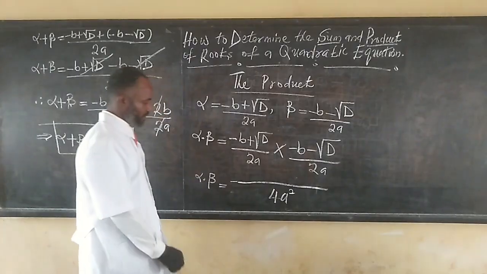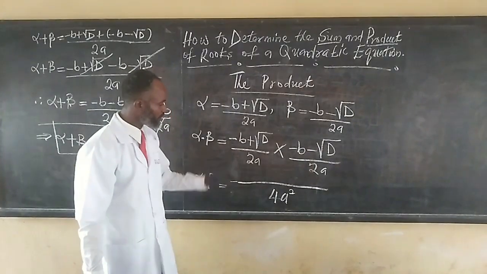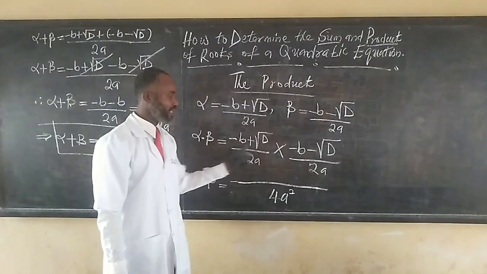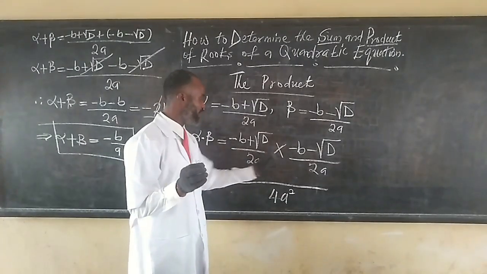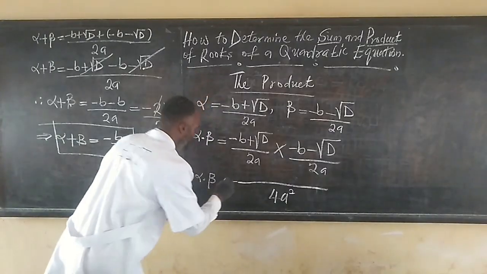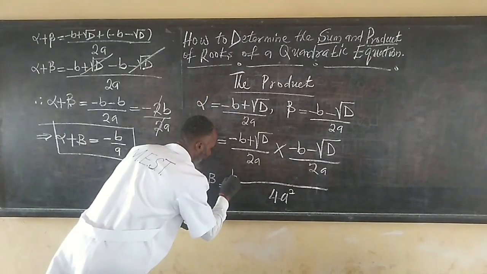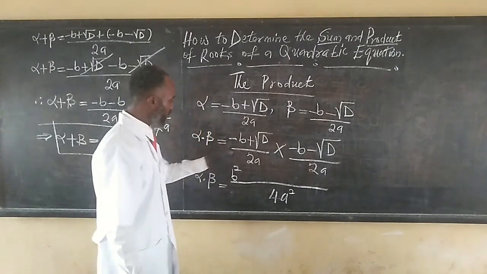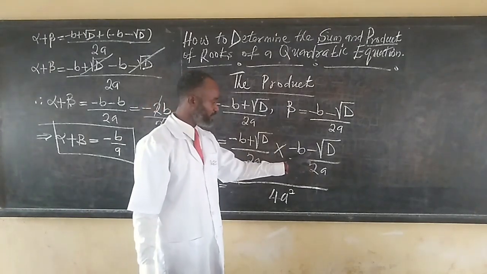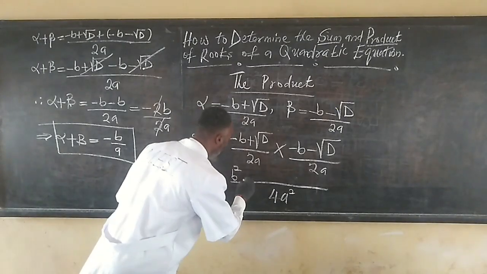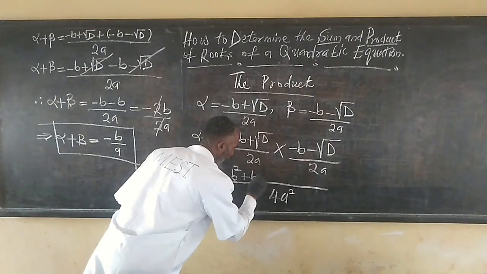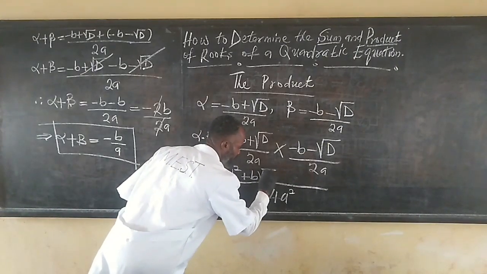Let's go. Minus b times minus b: minus minus cancels out, so we have b squared. Then minus b times minus square root d turns into plus b square root d.